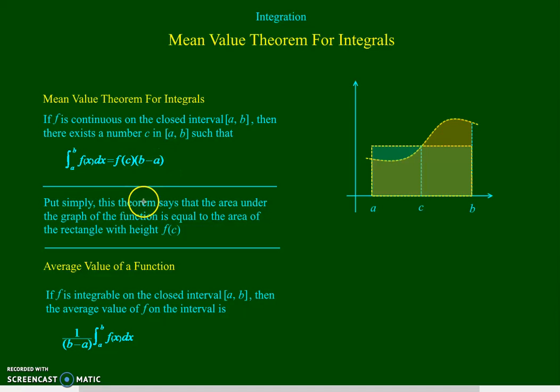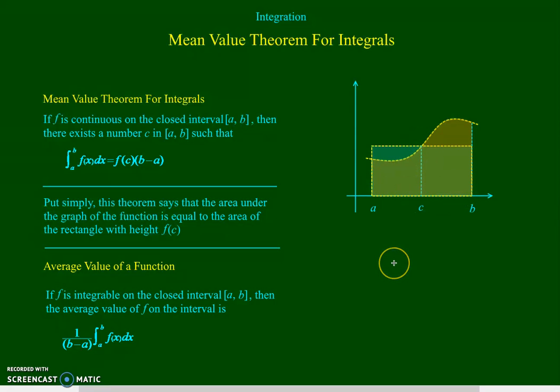Now, if we put this in simpler terms, it's simply saying that the area under the curve is going to be equal to the area of a rectangle whose width is b minus a and whose height is the function f evaluated at some point c. So this is the height and width of the rectangle.